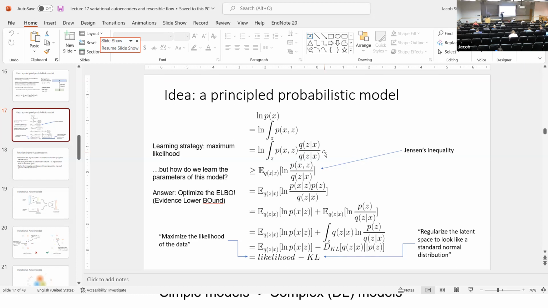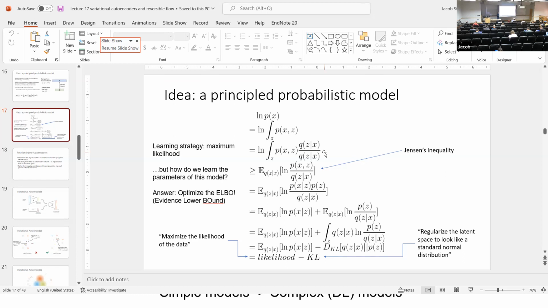And so with some more rearranging of terms, this lower bound reduces to a likelihood term where we are maximizing the likelihood of x given z, and a KL divergence term where we are making sure that our z vector matches a normal distribution. So when we're actually training our model, we maximize this lower bound. We're maximizing the likelihood of x given z, as well as minimizing the KL divergence between q of z and p of z.